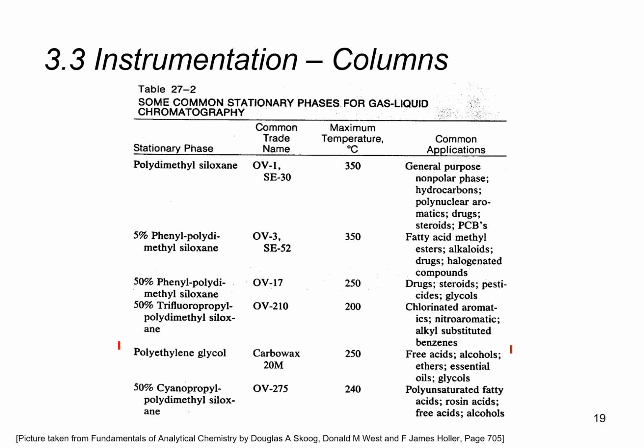This slide is mainly to show that there are different types of columns, and there are literally hundreds, if not thousands, of different columns and stationary phases with a whole range of different applications. But based on the criteria that we described in the previous slide, we should appreciate that for different applications, it is important for us to use different columns, and only then will we be able to generate good separation so that we can analyze each of our chemical components properly.